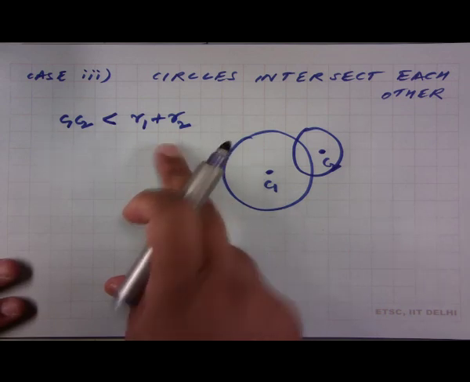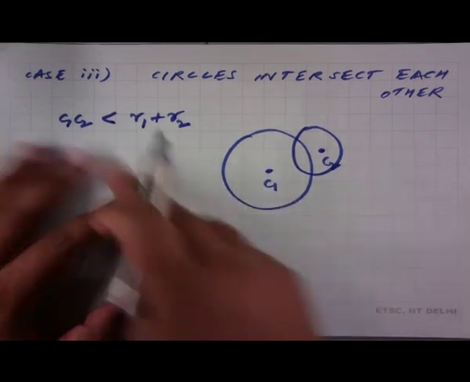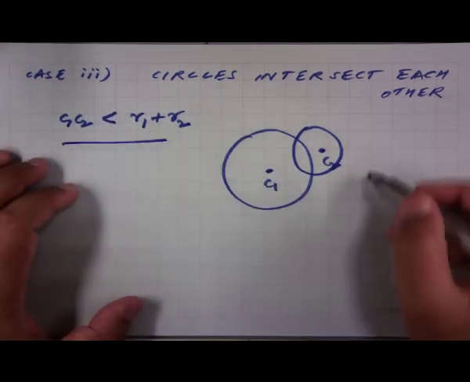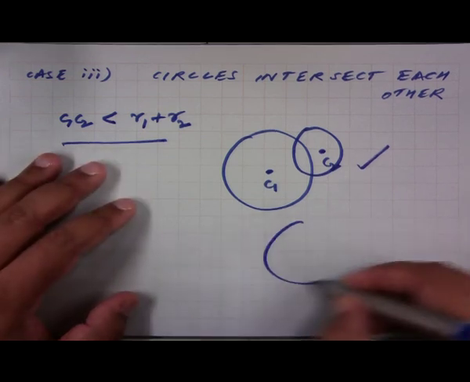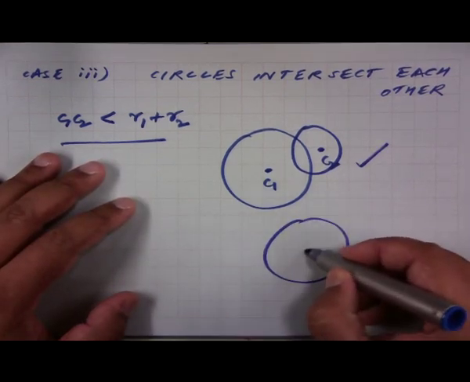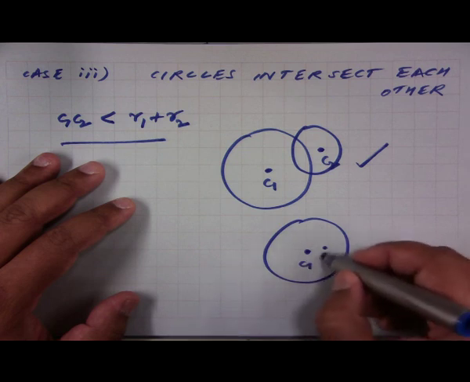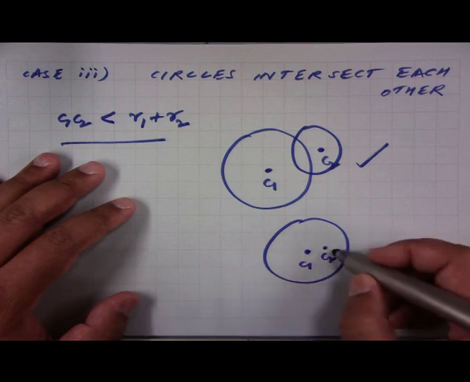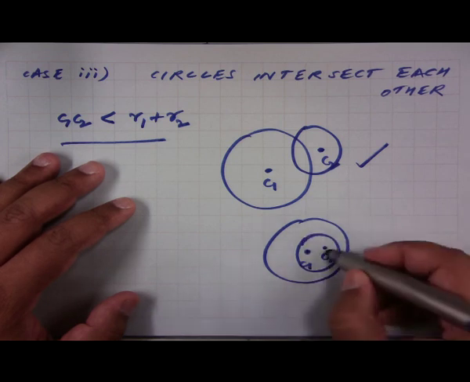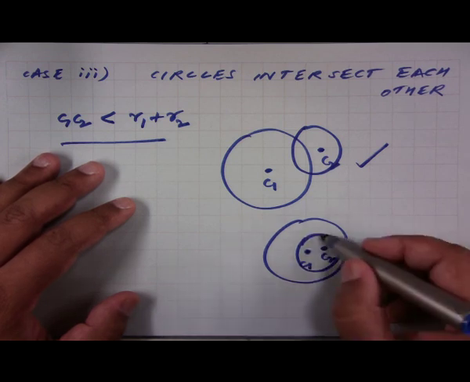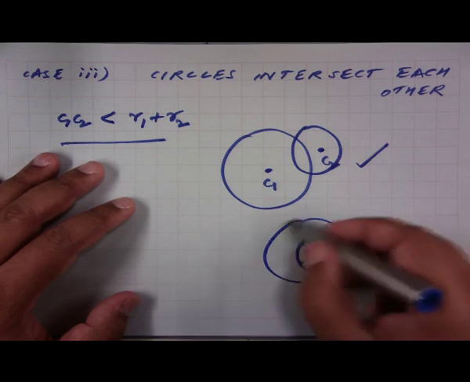But then we could have two possibilities if this happens. If this happens, this is one possibility. The other possibility could be something like this. So, C1 is here, C2 is there. So, this is the smaller circle and this is the bigger circle.